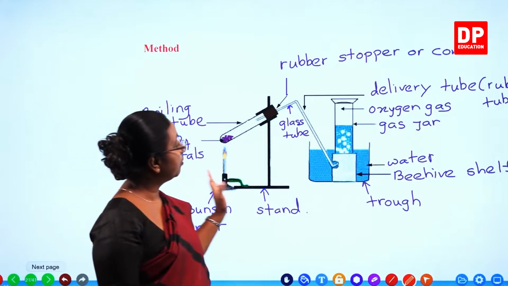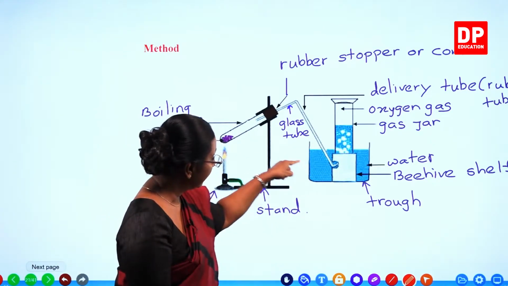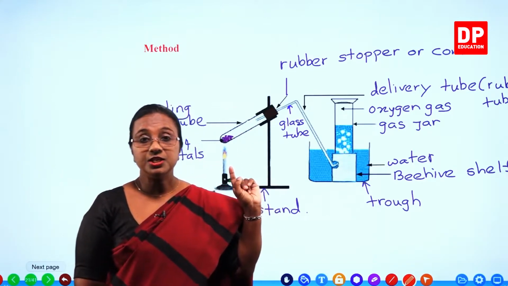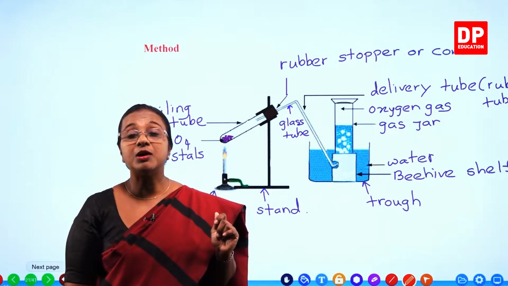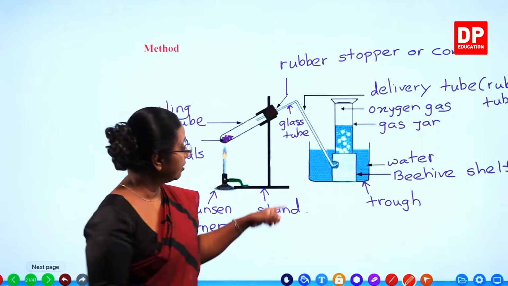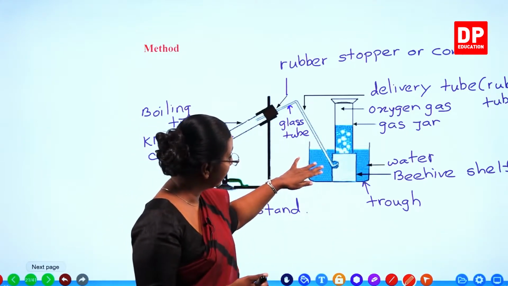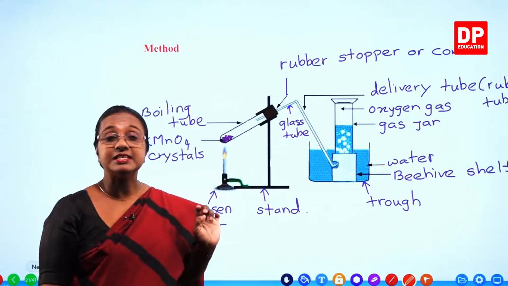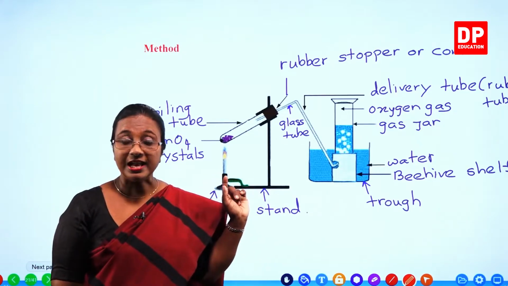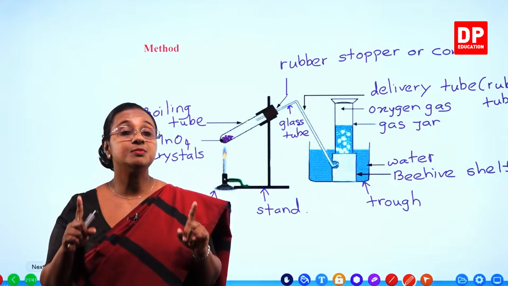Like we did before, first we collect oxygen gas into the gas jar. When we remove the delivery tube, we can collect a little amount of oxygen into a test tube as well. We can hold a test tube, again filled with water, underwater, and you can insert the oxygen gas into that, and thereafter you can insert the glowing splinter.